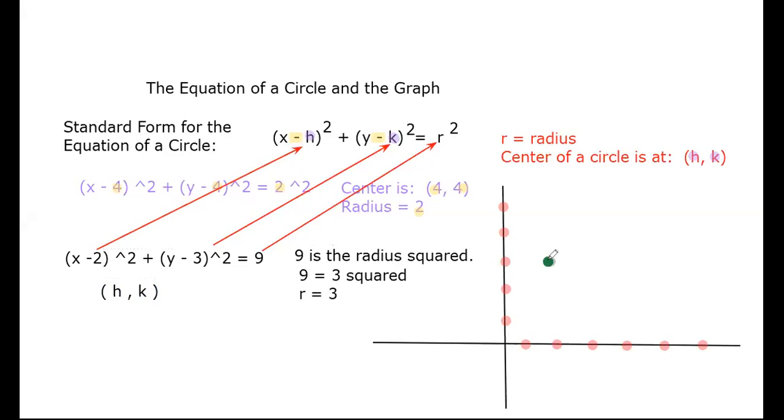There's my center. The radius is 3, so we're going to go over to the right 3. We're going to go to the left 3. We're going to go down 3. And we're going to go up 3. And there's our circle. And then all we need to do is take a pencil and kind of sketch that in. And it doesn't have to be perfect, but that is the graph of that circle. All you need is the center and the radius, and you can figure any of these circles out.